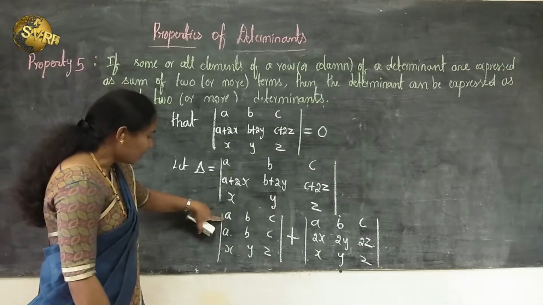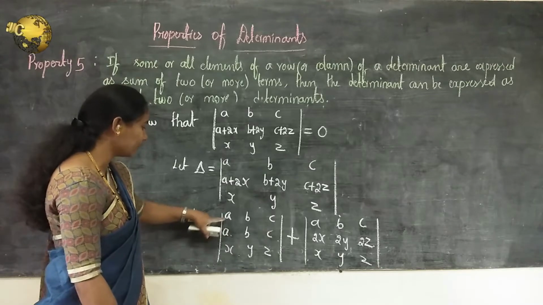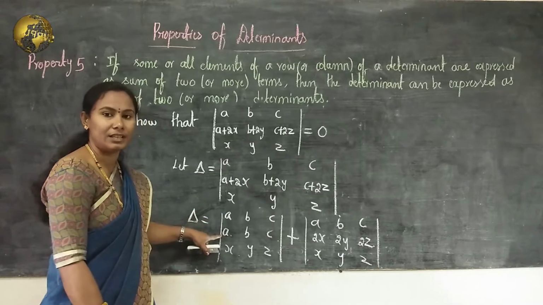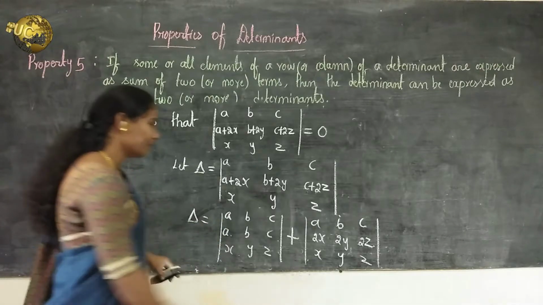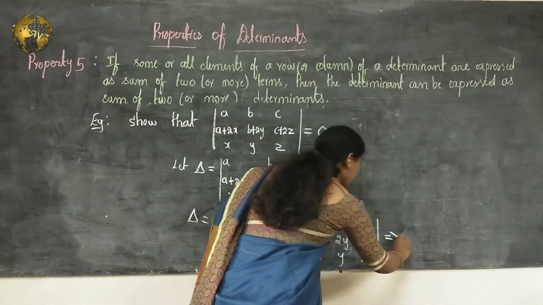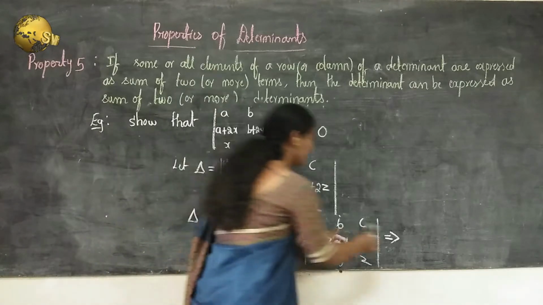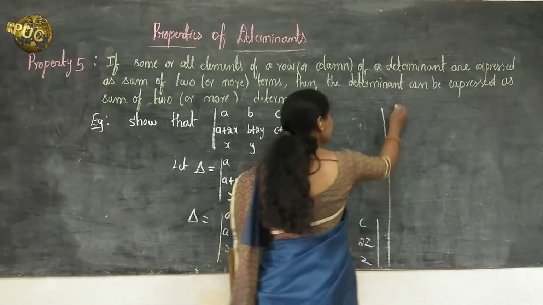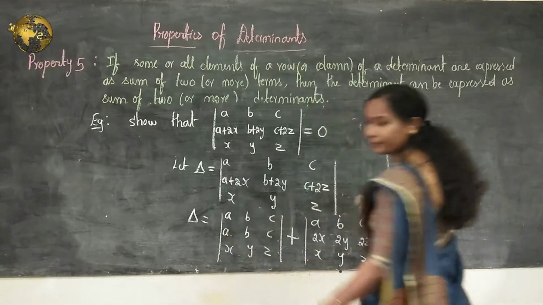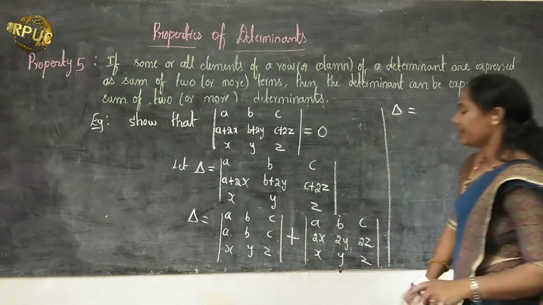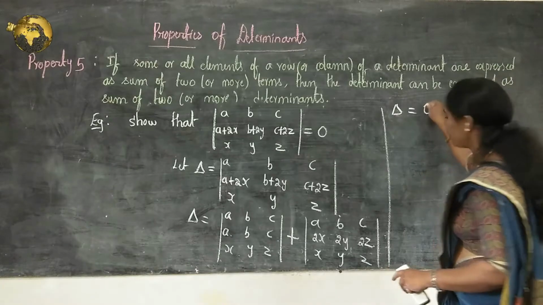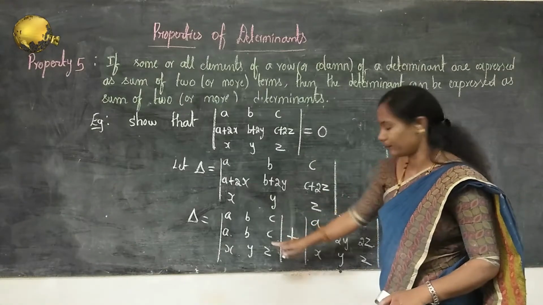Just here, according to property number 3, two rows are identical. What is the value of this delta? So delta is equal to, according to property number 3, the value of this determinant is 0.